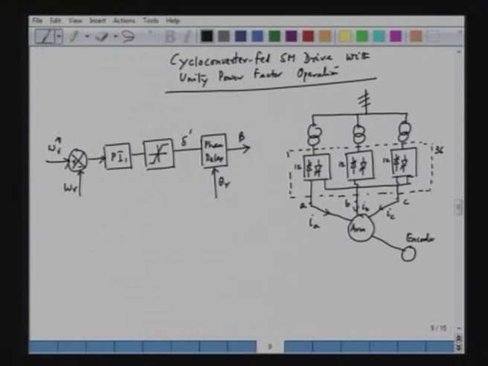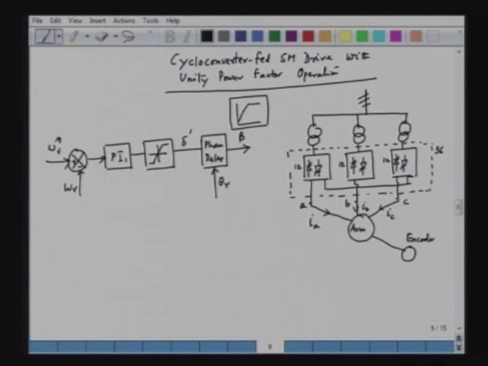And controlling this cyclo converter, to control the cyclo converter we need a reference voltage, and the reference voltage means we need an amplitude and a phase angle, and the phase angle is beta. What about the amplitude? The amplitude is obtained from the speed. So, we have already seen that we can have this voltage generated by means of a function generator.